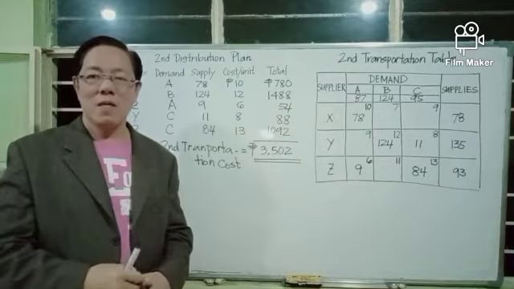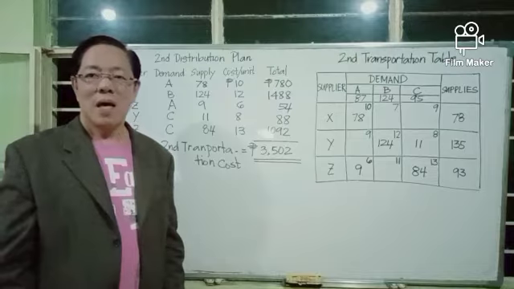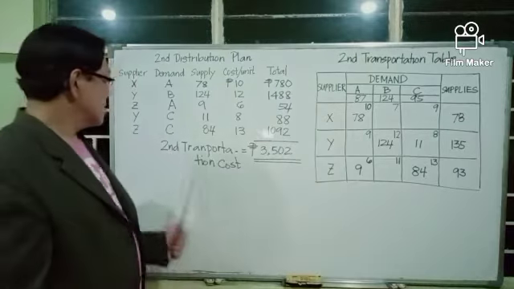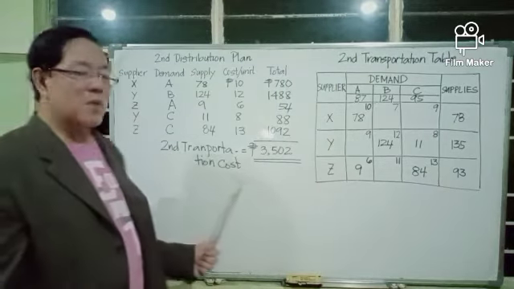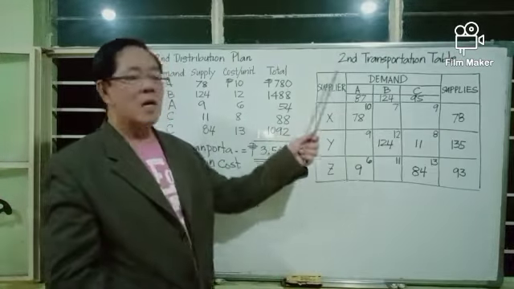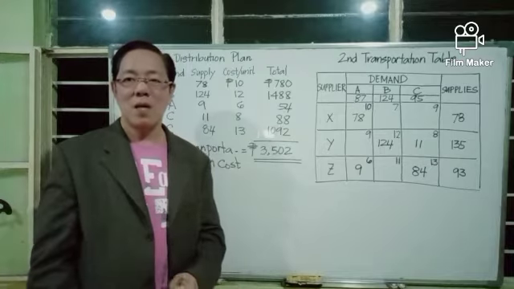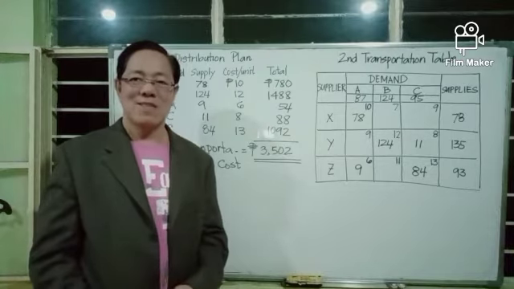Now we will check if this answer is correct, and we need the initial transportation cost, or the total transportation cost corresponding to the initial transportation table, which we developed in the last lesson.